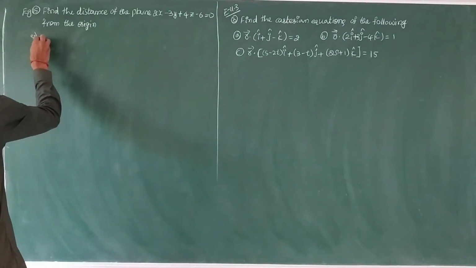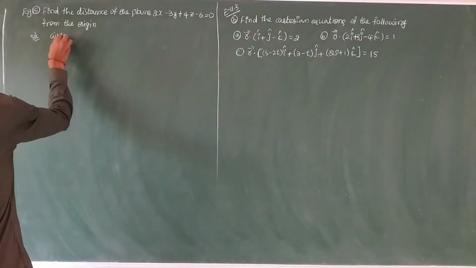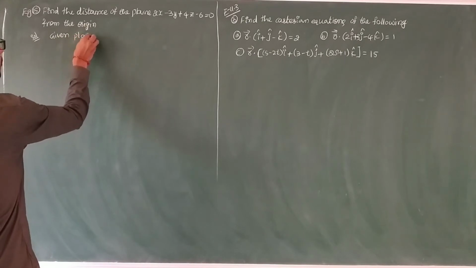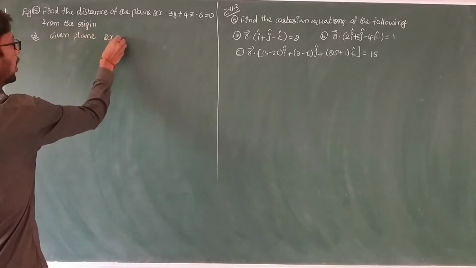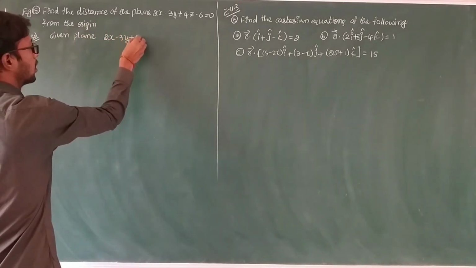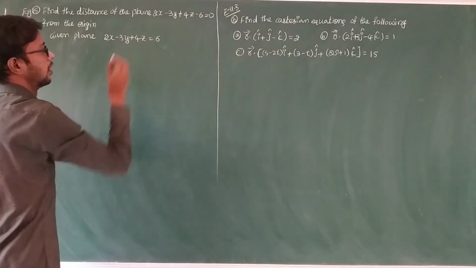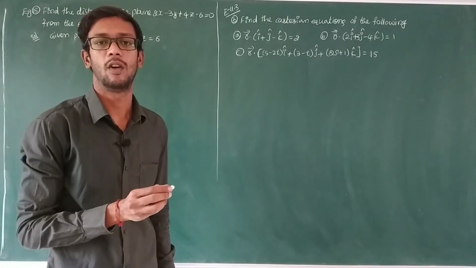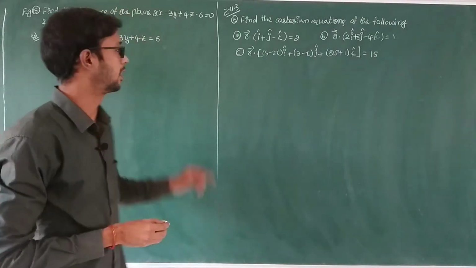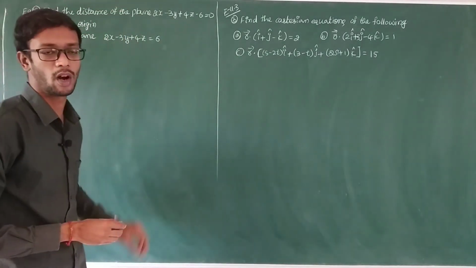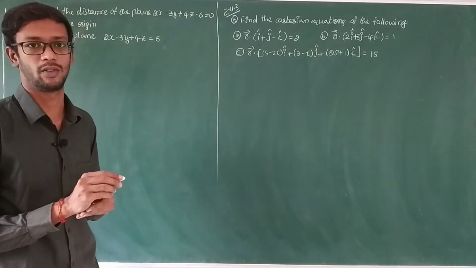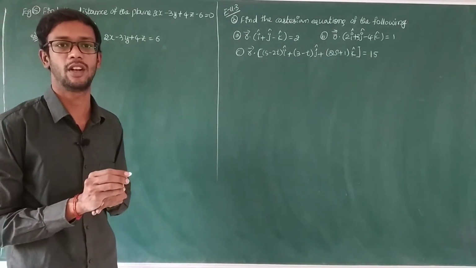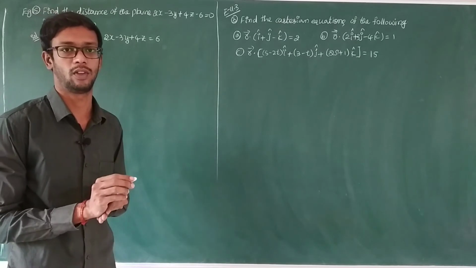So given plane 2x minus 3y plus 4z equal to 6. Same as before, first of all you have to convert into direction cosines. These 2, minus 3, 4 are direction ratios. So now you convert these direction ratios into direction cosines.